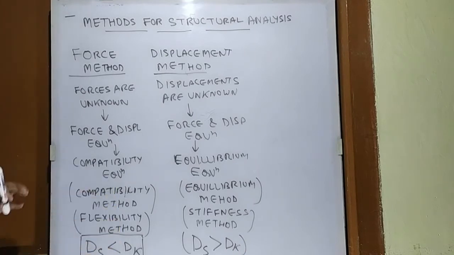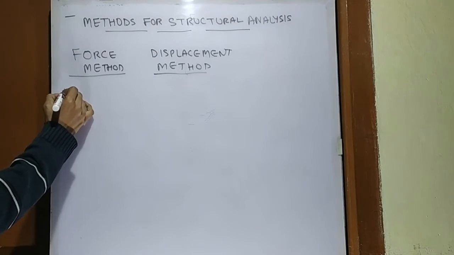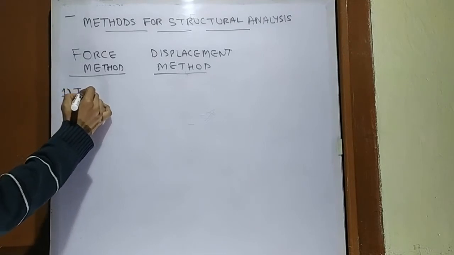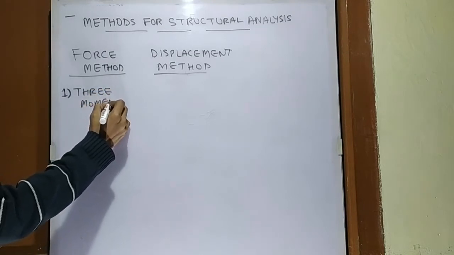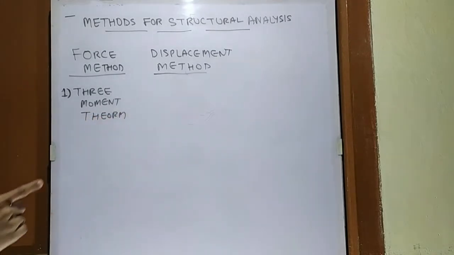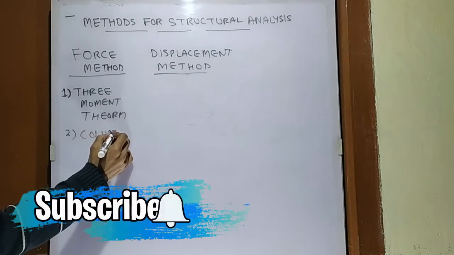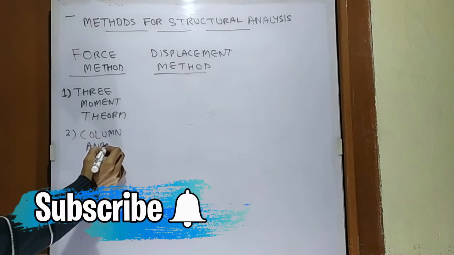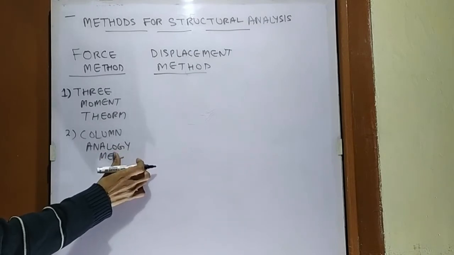First we will just write down some of the methods which come under the category of force method and displacement method. Okay, so the first method which comes under the category of force method is three moment theorem, or you can say Clapeyron theorem. And the second method is column analogy method.